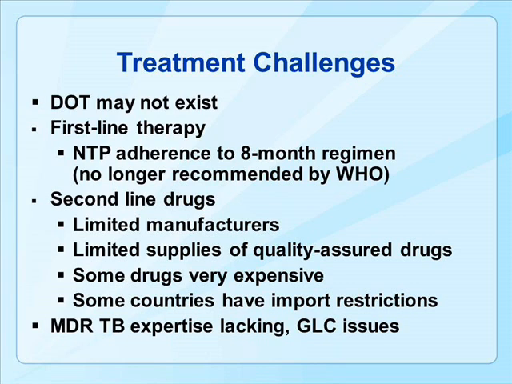We find issues with first-line therapy. There still are national TB programs that use an 8-month regimen for first-line treatment. What I'm specifically referring to there is the initiation phase may be similar to what we use in the United States, but then they follow that with a 6-month continuation phase of isoniazid and ethambutol.